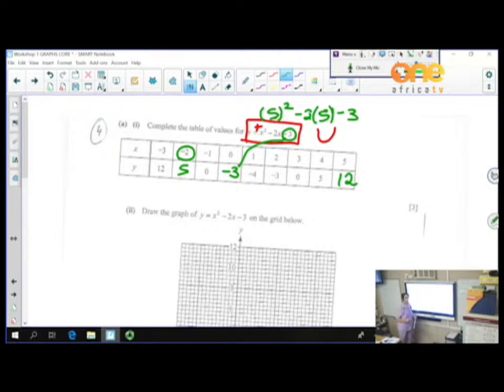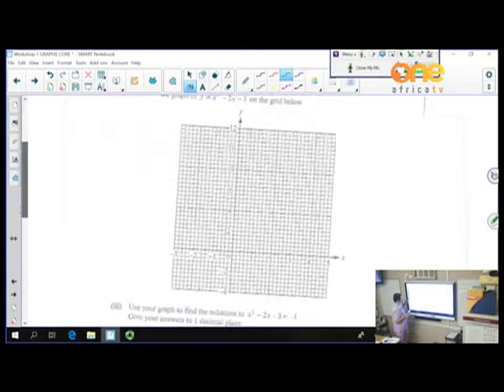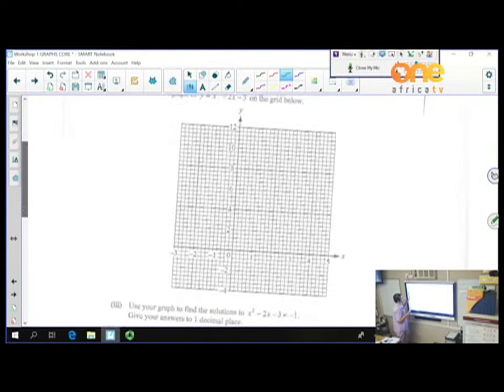So now we can plot the points. From there, you plot your points on your graph now. So the first one is negative 3, positive 12. The second one, negative 2, 5. It should be here in the middle. Negative 1, 0, cutting the x-axis. 0, negative 3.